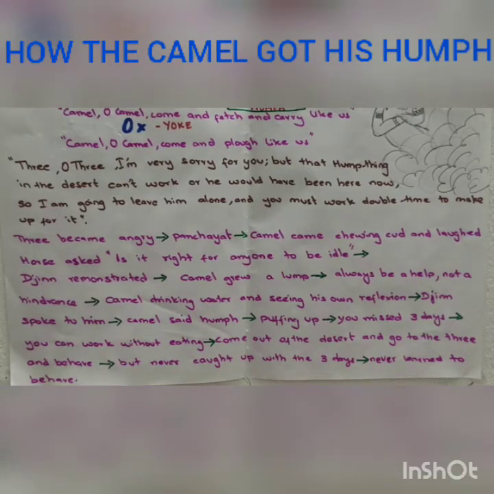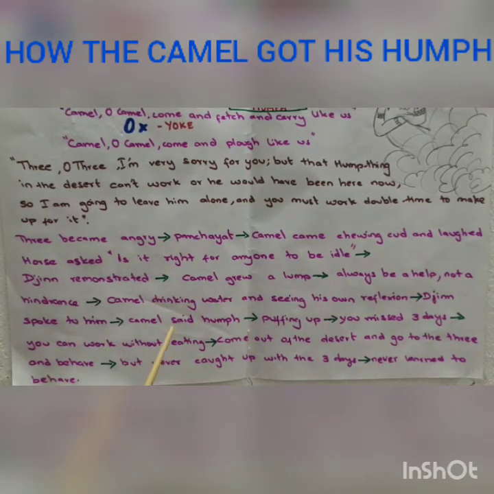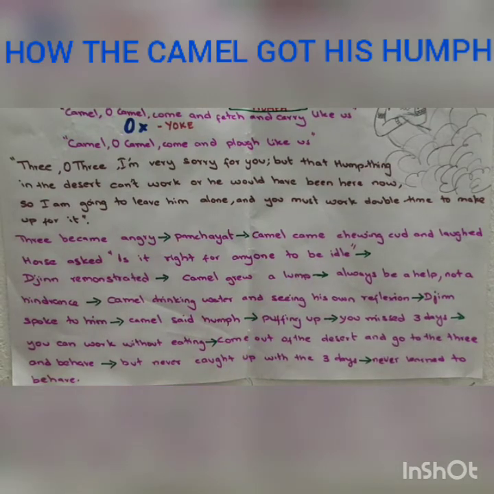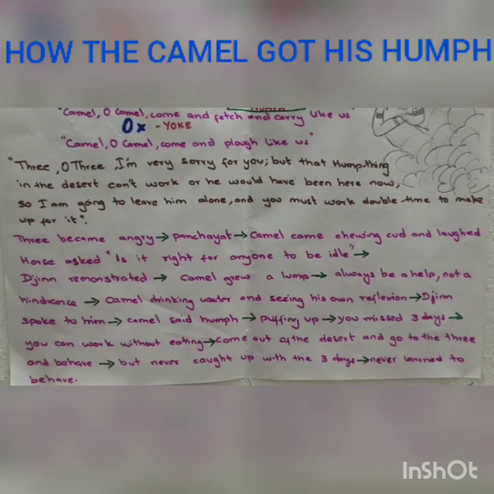So the camel said humph, and the jinn said, if I were you, I wouldn't say that. And slowly that small lump started puffing up, becoming bigger and bigger. And then he told him, you better go work with the three of them.